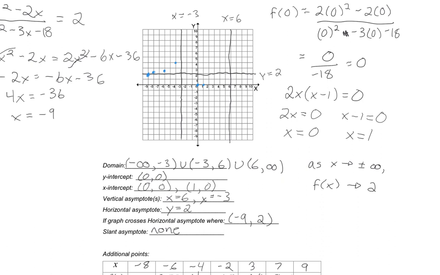Negative 2 and negative 1.5, so about there. And then 3 and negative 0.67, so right there, close to negative 1. At 7, we're at 8.4, at that point. And then at 9, we're at 4, okay?